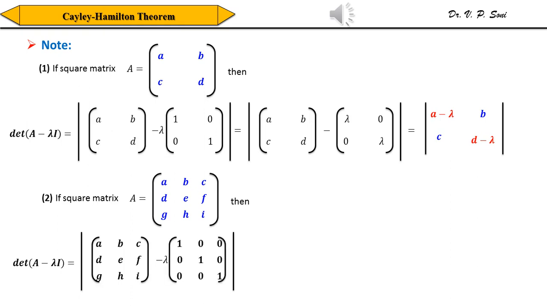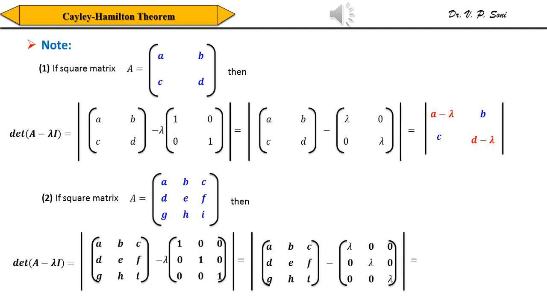Now subtracting them, we get determinant whose first row is a minus lambda, b, c, second row d, e minus lambda, f, third row g, h, i minus lambda.